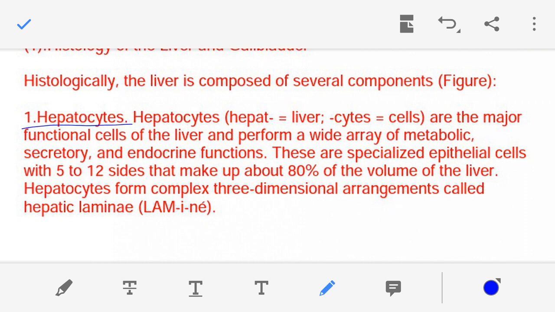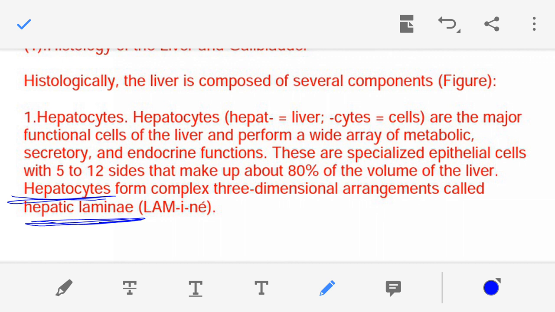Now, what are the hepatocytes? Hepatocytes are specialized epithelial cells with 5 to 12 sides, and they cover 80% of the volume of the liver. So in the structure of the liver, we can say 80% are hepatocyte cells, and this arrangement of the hepatocyte cells is known as the hepatic lamina.